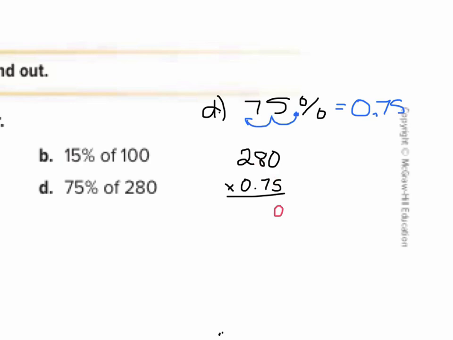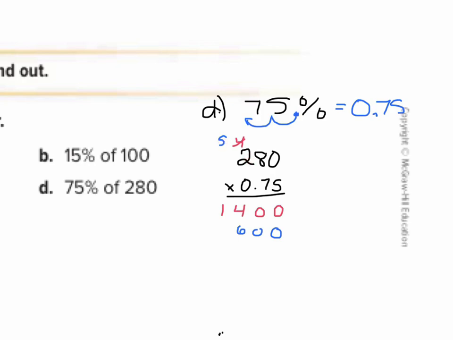And so as we multiply, 5 times 0 is 0. 5 times 8 is 40. 5 times 2 is 10, plus the 4 is 14. And then for our next row, we start with the 0. 7 times 0 is 0. 7 times 8 is 56. Carry the 5. 7 times 2 is 14.